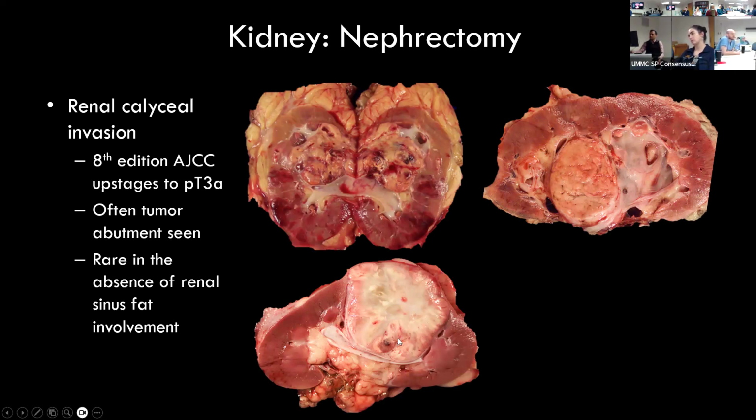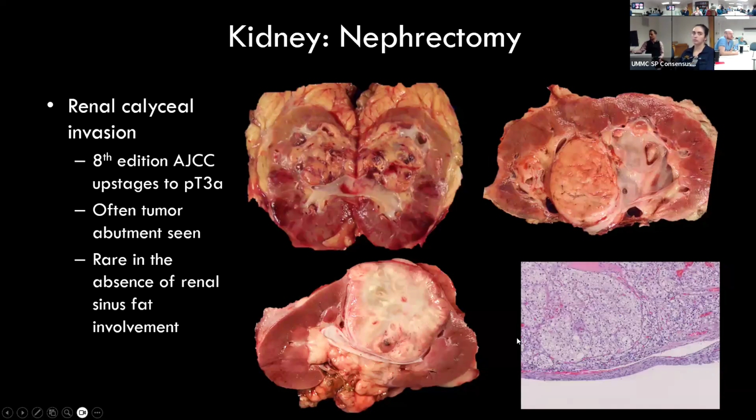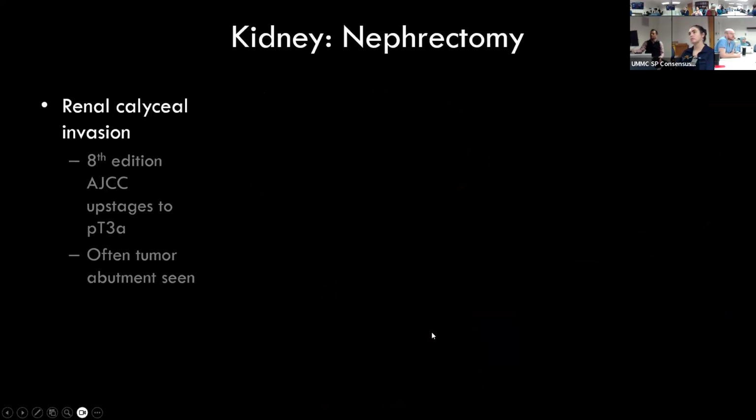So this is not to be considered either grossly or microscopically as renal calyx involvement, okay? In microscopy, you will see such a structure. This is denuded urothelium, and the tumor is just pushing up against it from the outside. So you want to call it calyceal invasion only if it involves the luminal aspect.